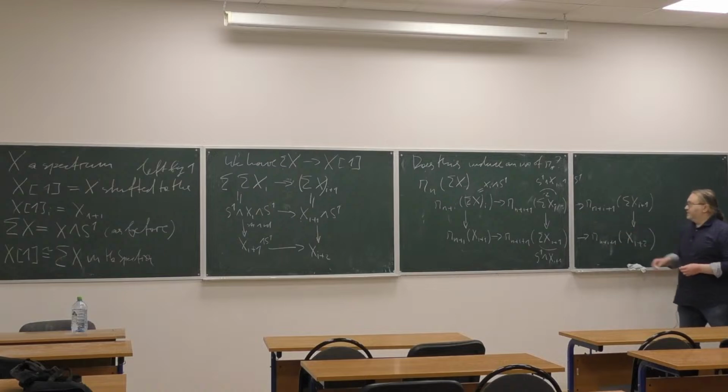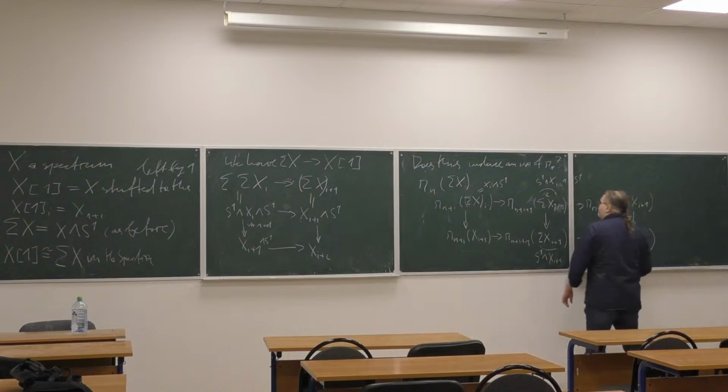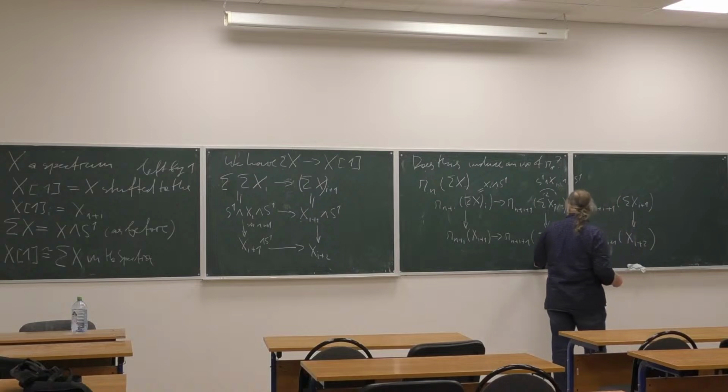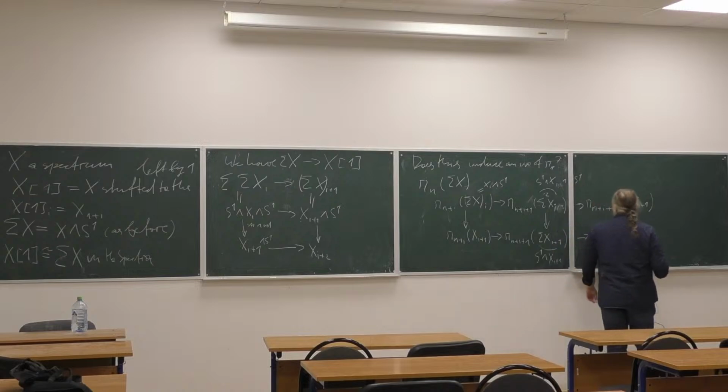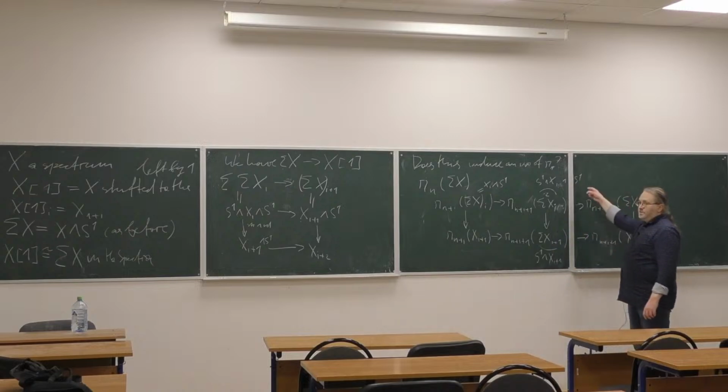Well, let's look at this square. Well, this square is basically the indices are all the same. So we only need to look at what happens on the level of spaces.